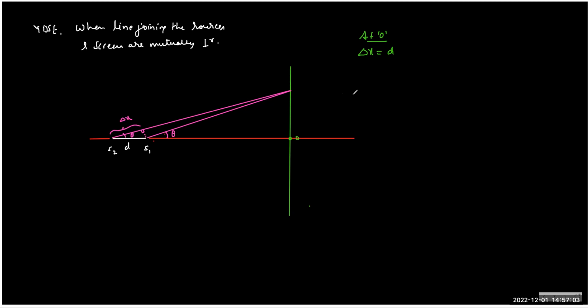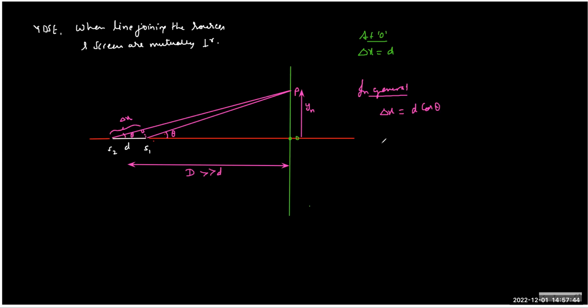So in general, for a point P, delta x we can write as d cos theta, and definitely the d is very small compared to the capital D, so we can simply ignore. The two points S1 and S2 are so close that you can imagine it's almost there.